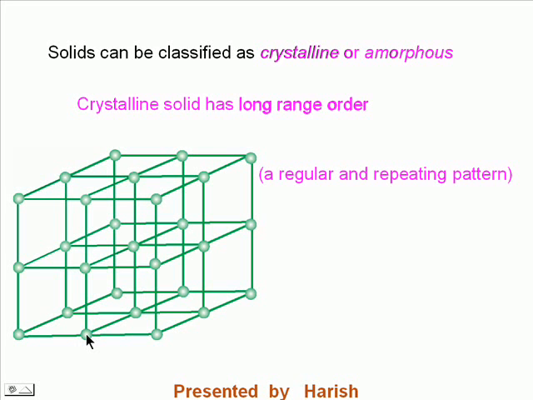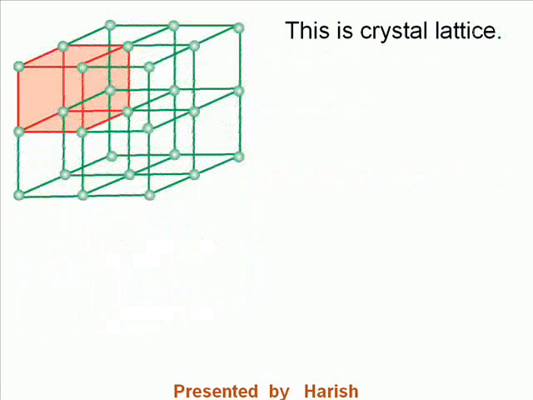So this we call a particle, which is regularly repeated in a 3D geometry. This gives us a lattice. So this is a crystal lattice.